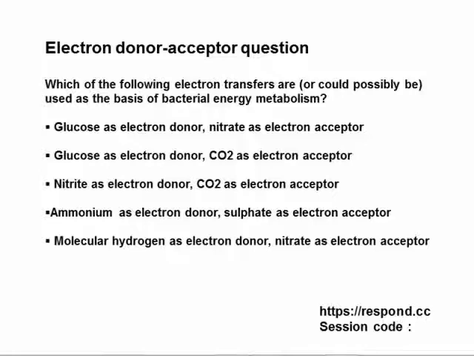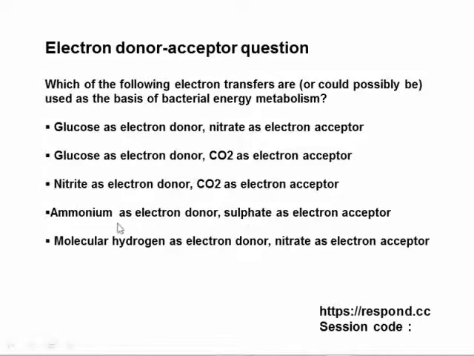Okay, how about the last one? Let's do the last one. Molecular hydrogen is electron donor, nitrate is the electron acceptor. Yeah, that's going to work. Very good electron donor, good electron acceptor. It's going to be exergonic, energetically favorable.